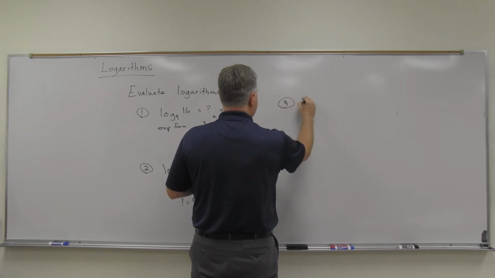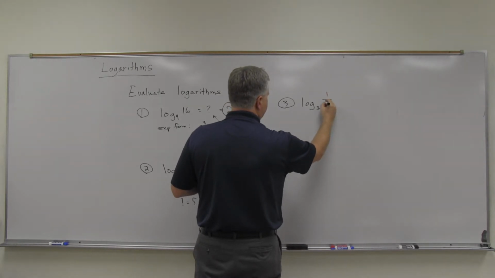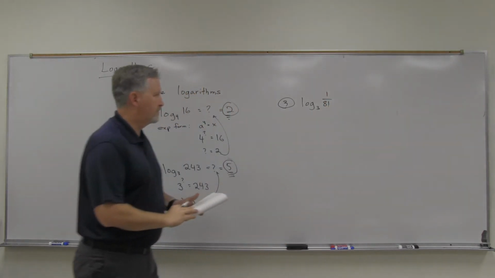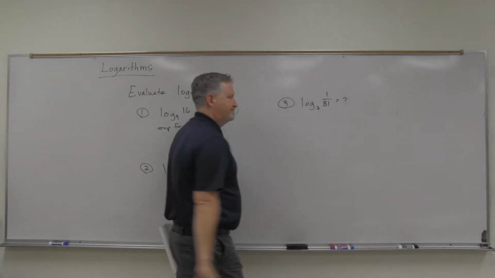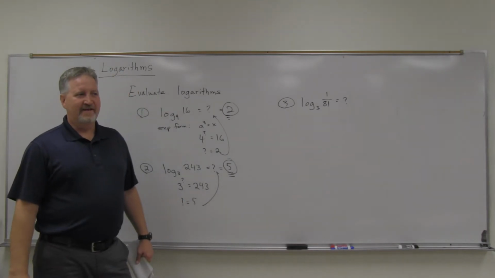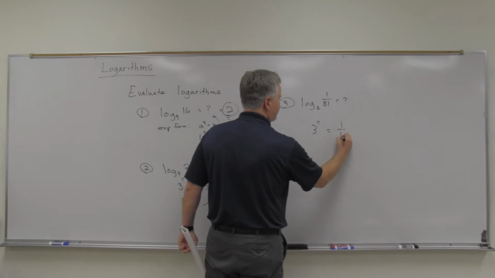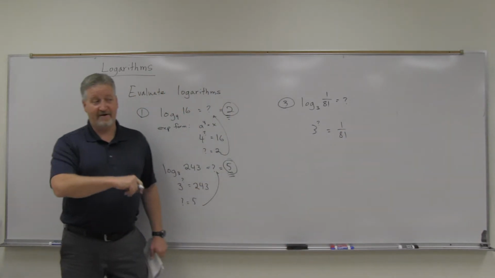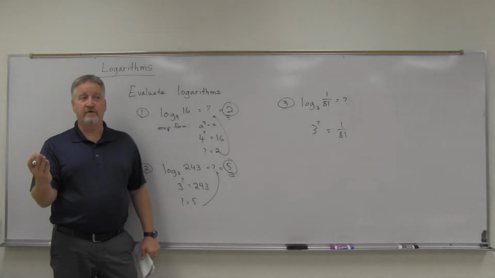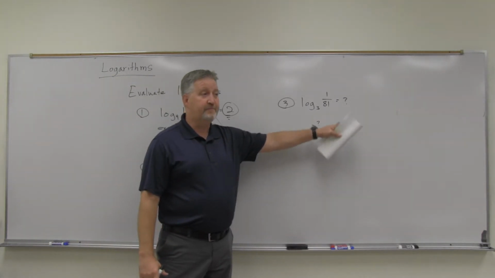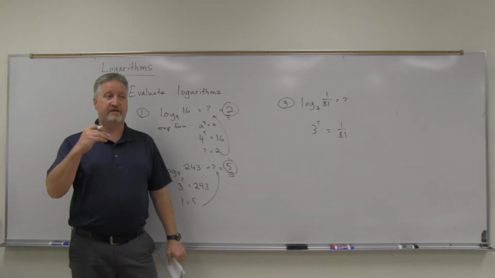So number 3, the log base 3 of 1 over 81 is what? Well, again, what does it mean? 3 to what power gives me 1 over 81? It's got to be a negative power. If 3 to the 4th power gives me 81, but this is the flip, the reciprocal of that, how do I get it to be 1 over 81 instead of 81?